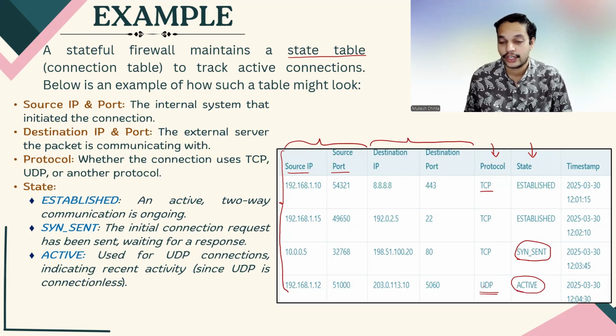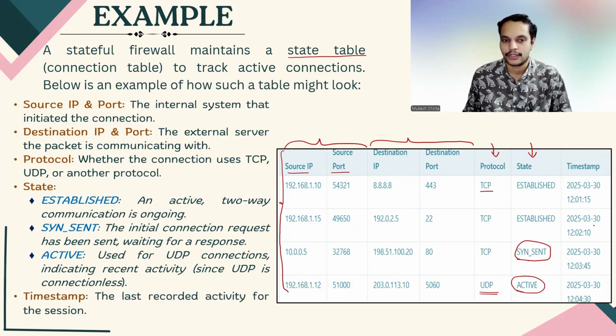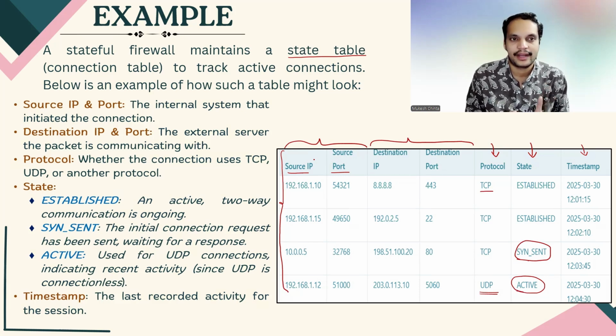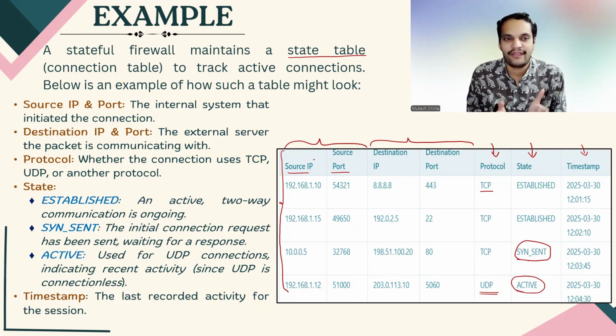And the last attribute is a timestamp, which tells you the last recorded activity for the session. So these are the different attributes that make up the policy for a stateful firewall, and this is what we call a state table, through which the decisions are made by the stateful firewall.